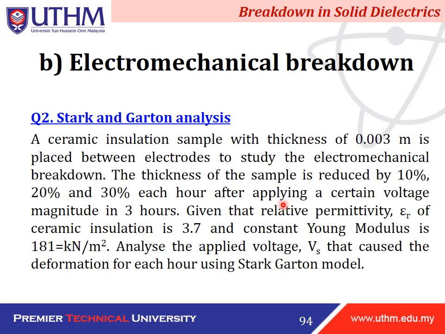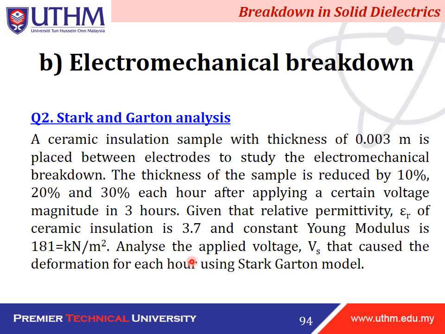Given that relative permittivity epsilon R of ceramic insulation is 3.7 and the constant Young modulus is 181 kN per meter square, analyze the applied voltage Vs that caused the deformation for each hour using the Stark-Garton model. Most of you missed the words each hour.